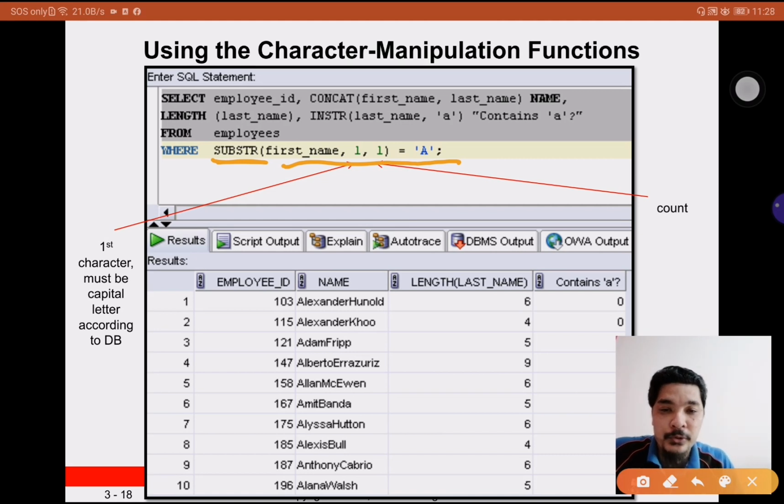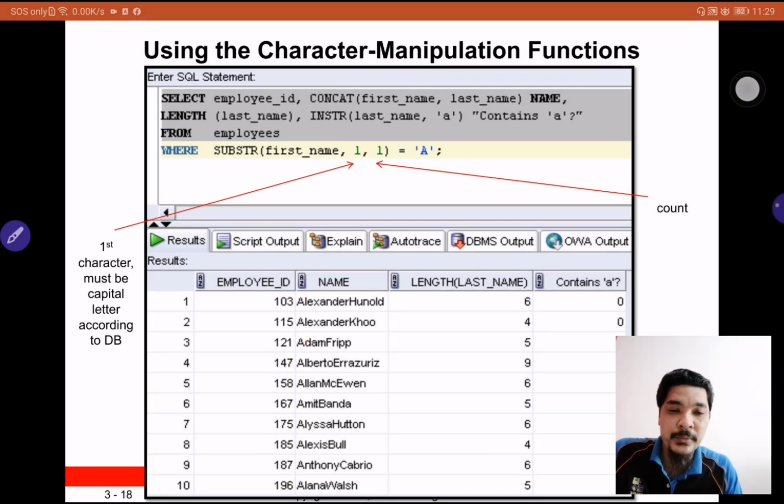Meaning it starts with character number 1 and only one character, so this is A. So all the output starts with capital A, the same as the previous one.